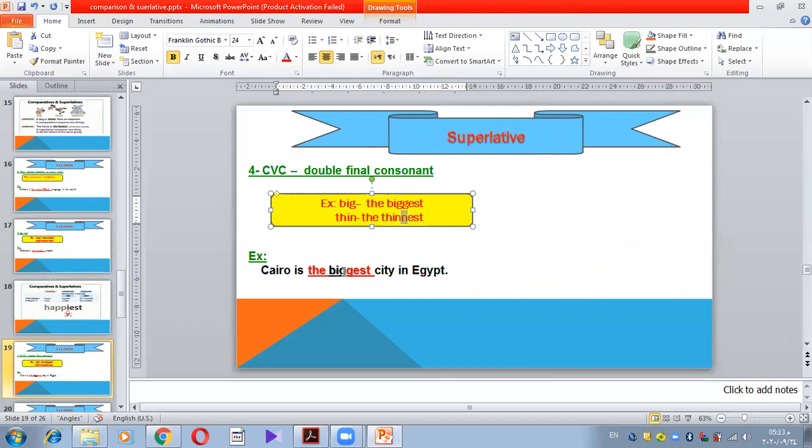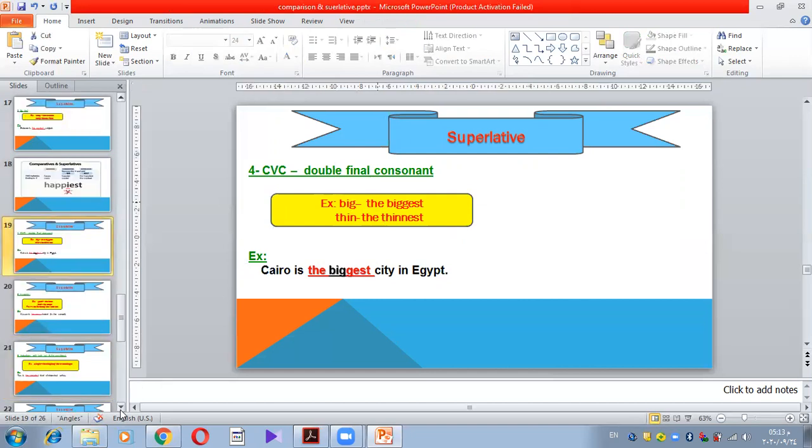So Cairo is the biggest city in Egypt. I'm speaking here about Cairo only compared to all other cities in Egypt. Okay, we added the and then the adjective, then the final consonant, we doubled that, and then est. Why? Because the word is CVC, consisting of consonant and then vowel and then another consonant.